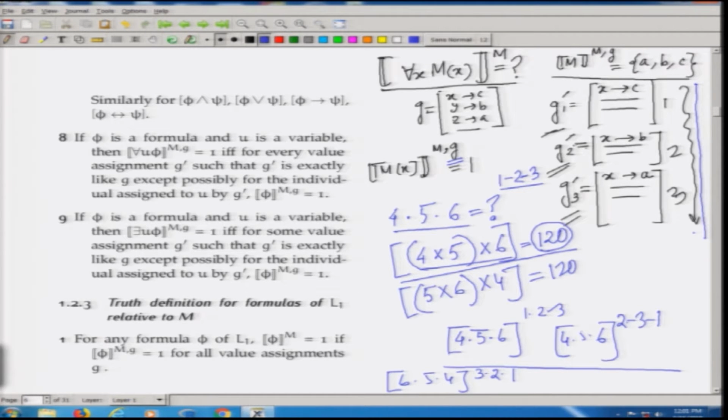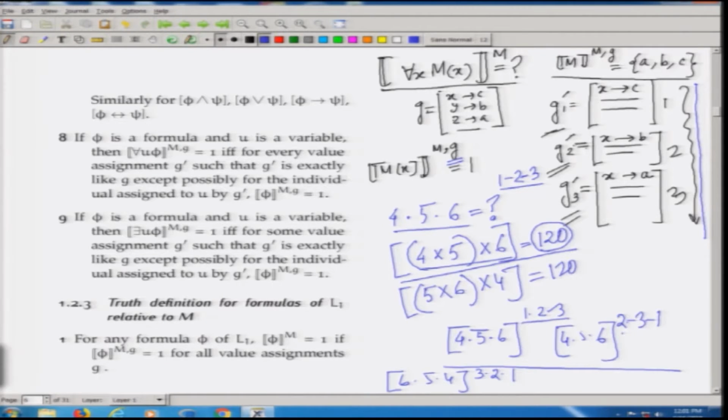So this is something like for all G. We have considered one G, but for all G it must be the same thing, like here: 1 2 3 gives you 120, 2 3 1 gives you 120, 3 2 1 gives you 120, 3 1 2 gives you 120. Whichever direction you take, you get one result, 120.